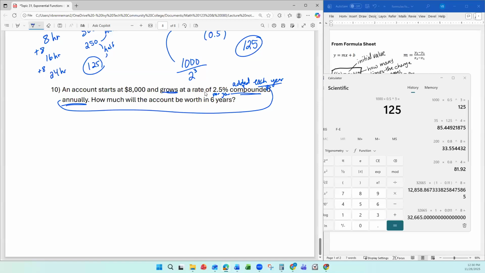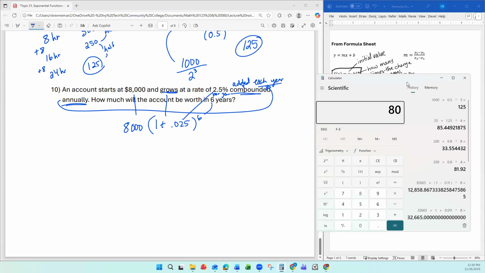It grows, so it's going to be 1 plus 0.025 for the 2.5%, 8,000 initial value, 6 years for the power.